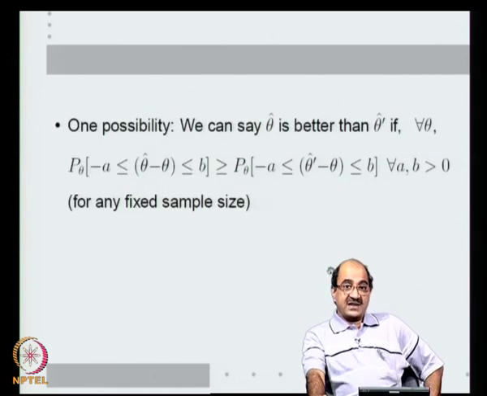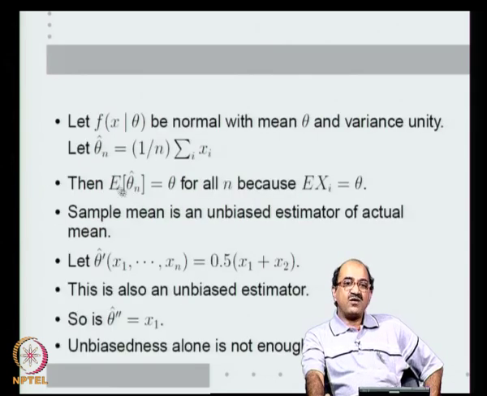So, we can go to the other extreme and ask what it is that we want to say. Obviously, our gut feeling is that this is a better estimator than theta prime or theta double prime, but on what basis can I say this estimator, 1 by n summation x_i, is better than that estimator, right.